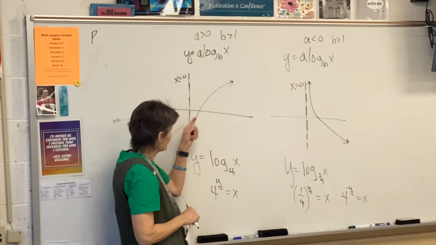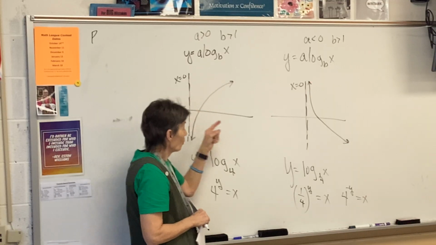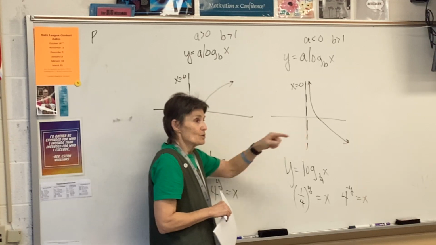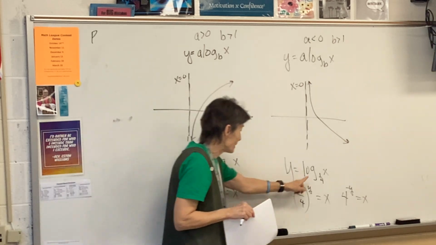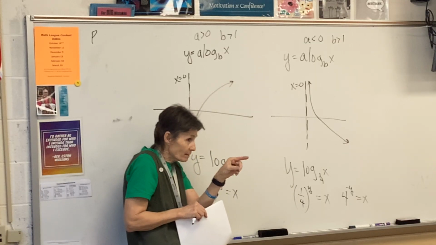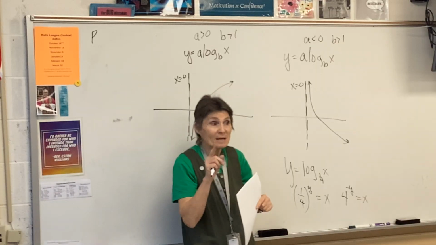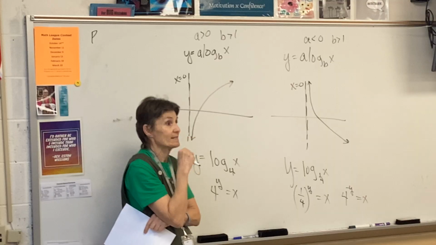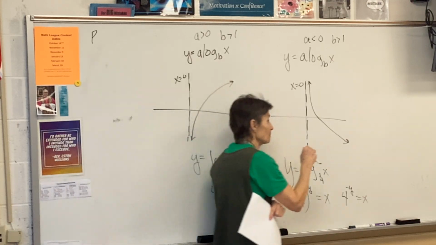So if you took this picture and reflected it over the x-axis, wouldn't you get that picture? So, okay, B is going to be positive always. B has to be a positive number, but it can be less than 1. If it's less than 1, it has the same impact as changing the sign on y, which means it reflects it across the x-axis.